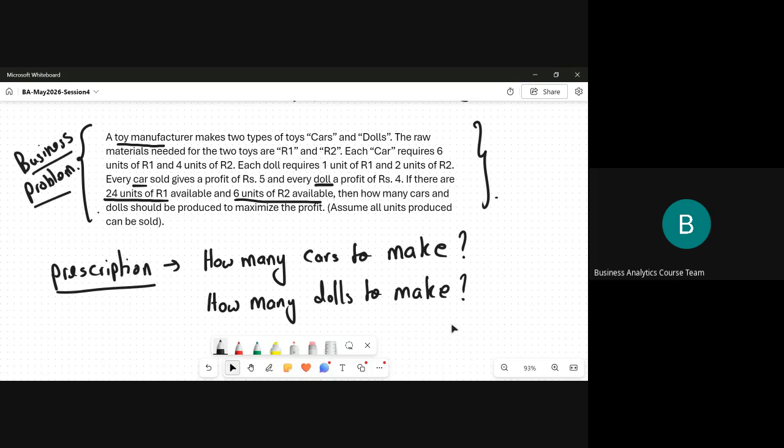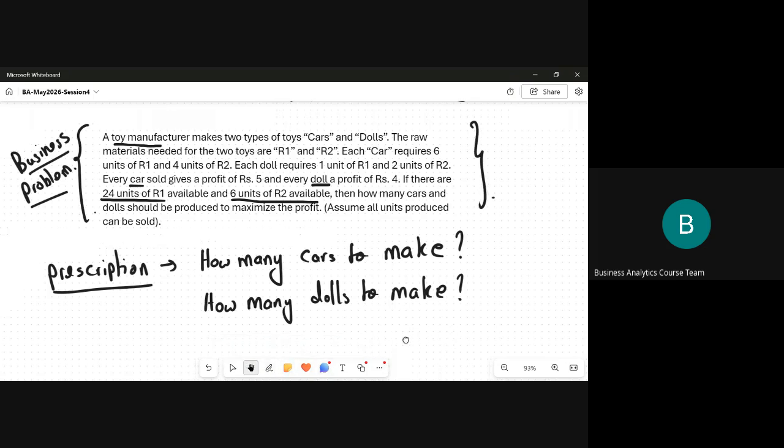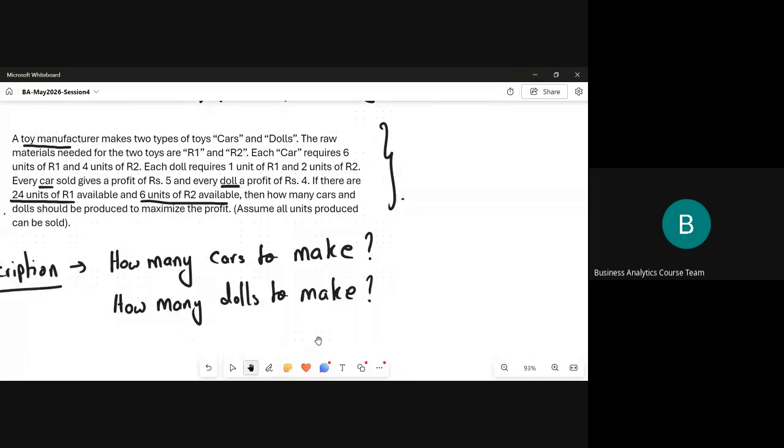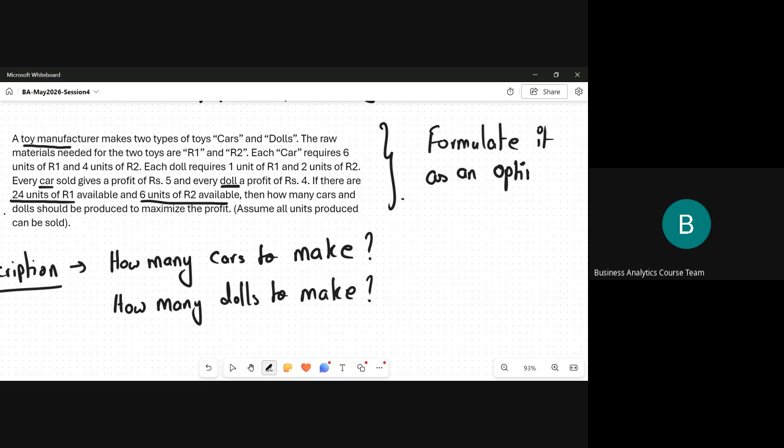So to solve this problem, we formulate it as an optimization model. And to formulate anything as an optimization model, you need to know what type of model you are going to build.